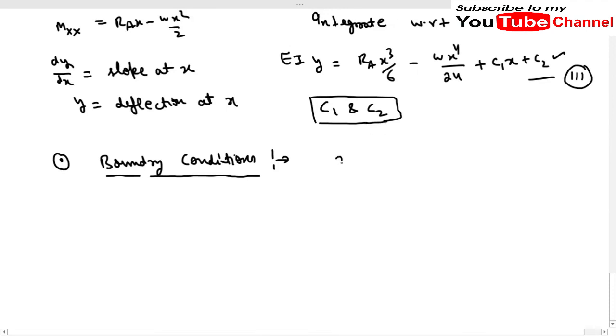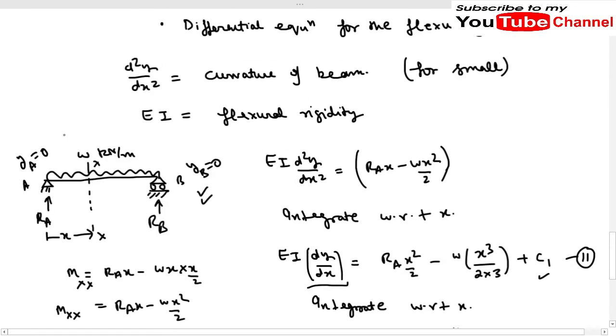So what is the distance x? x is 0 at A and YA is 0, and YB is 0. What is the distance of B? The distance of B is L. Let us take the length of the beam as L. So at x equal to 0, YA is 0, and at x equal to L, which is B, deflection is also 0.